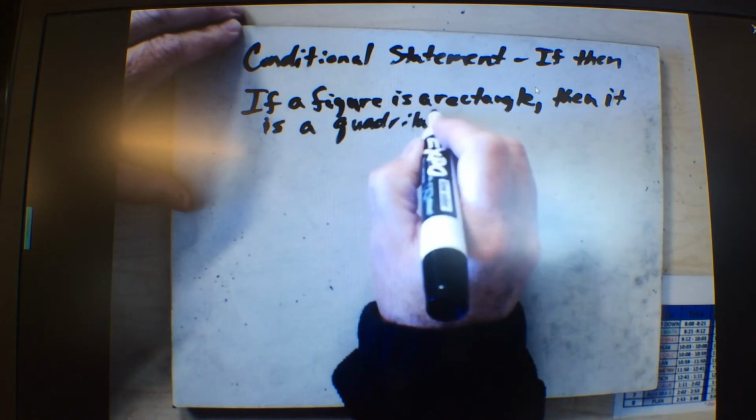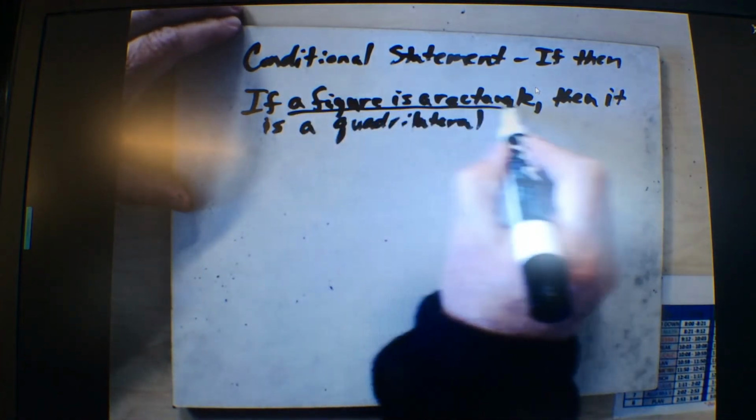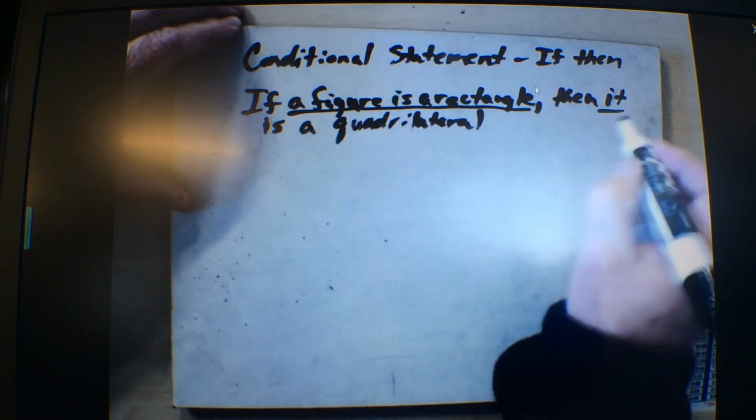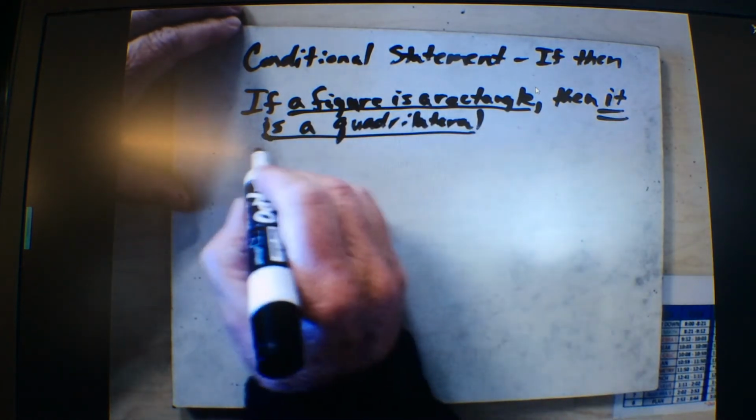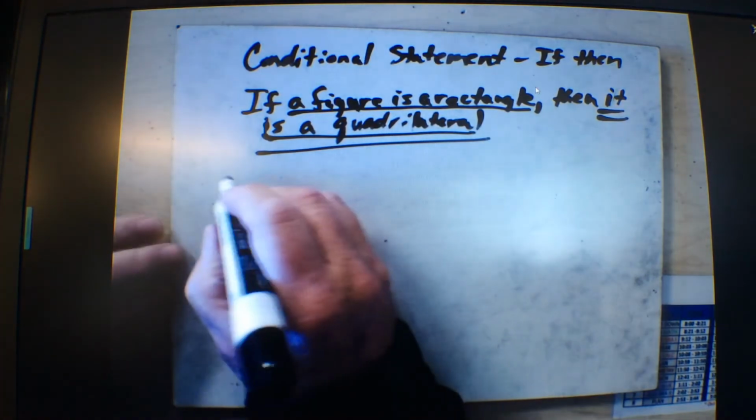Do we agree with this? All right. This is the original. Here's the hypothesis, and here is the conclusion. We're good, all right? So the first thing I'm going to talk to you about is a converse.